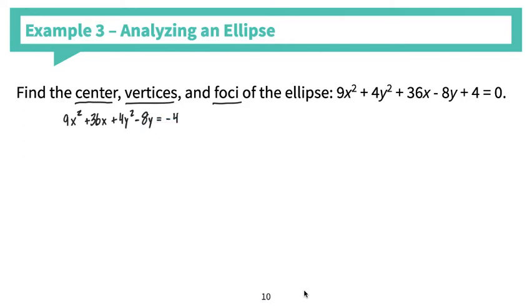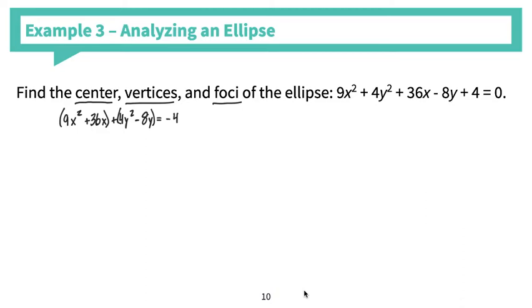Okay, so the reason that I reordered it is because we want to group the x's and then we want to group the y's. So for this reason right here is why I rearranged it. So let's go ahead and actually start completing the square. That's part of the process in finding standard form. Now, before I can complete the square, I have to make sure that the coefficient of my x or y squared term is 1.